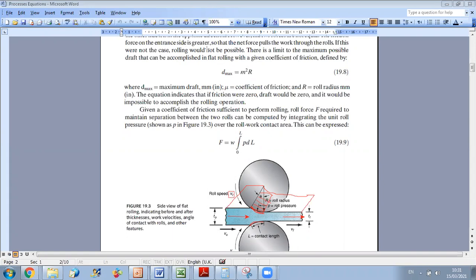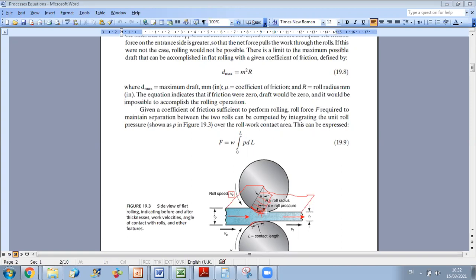So the point of contact for which the velocity VR equals the velocity of the work part is called the no slipping point. When we say no slipping, this means there is no relative velocity between the two, and the two parts will not be sliding at this point. But before this point, we have, of course, sliding, and after this point, we have sliding between the two parts.